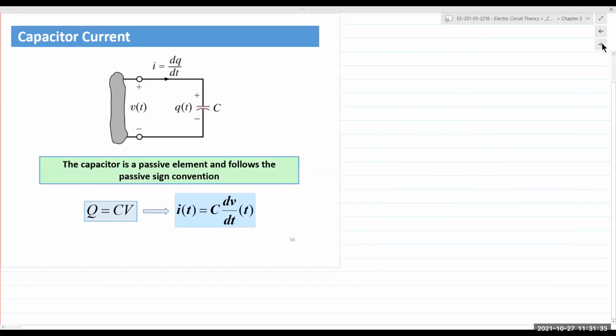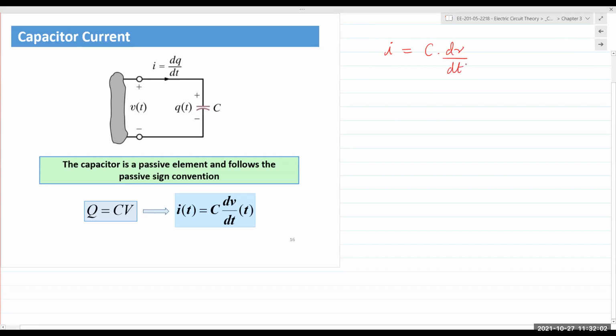the VI equation for a capacitor. Q is equal to CV. Q is charge. Current is the rate of flow of charge, which is dQ over dt. You plug that in, rearrange the terms, and you obtain I is equal to C dV over dt. So capacitor current I is C dV over dt.